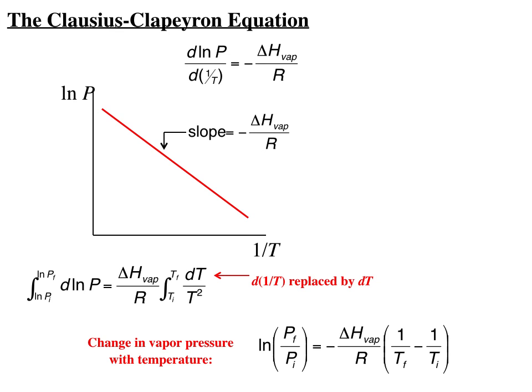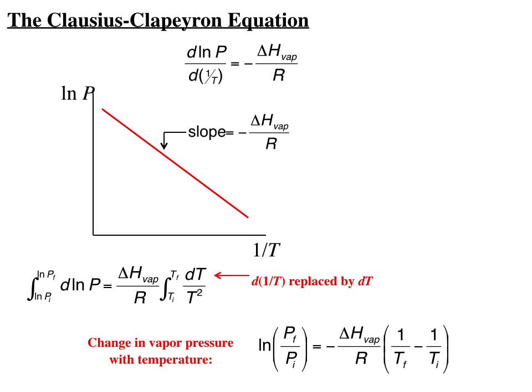Now we can see that by literally integrating both sides of this equation, and that's what I do underneath the graph. What I find is that the ln of Pf over Pi, when I integrate from the limits of Pi to Pf, will be equal to delta H over R times the change in 1 over T when I do that integration. Remember, the integral of dT over T squared, T here, n is equal to negative 2.